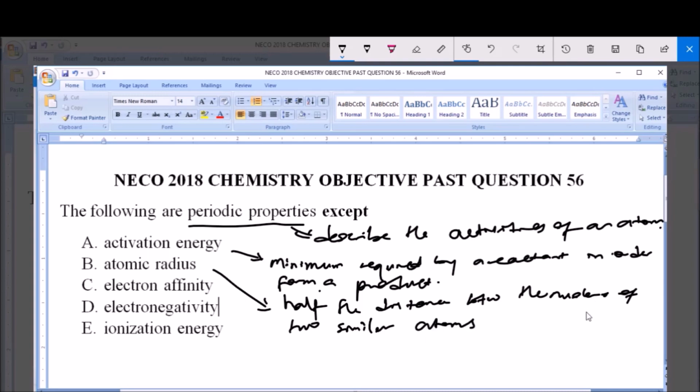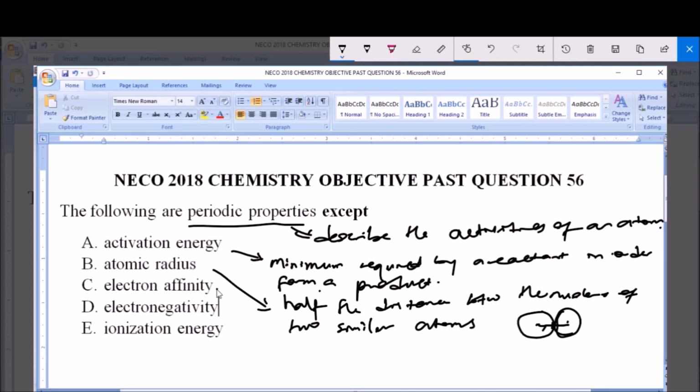Let's say, for instance, we have two atoms like this, and this is the nucleus of this atom. This is the distance between these two nuclei. Half this distance is what we call the atomic radius. So you can see that atomic radius is describing the atom, so we can refer to it as a periodic property.